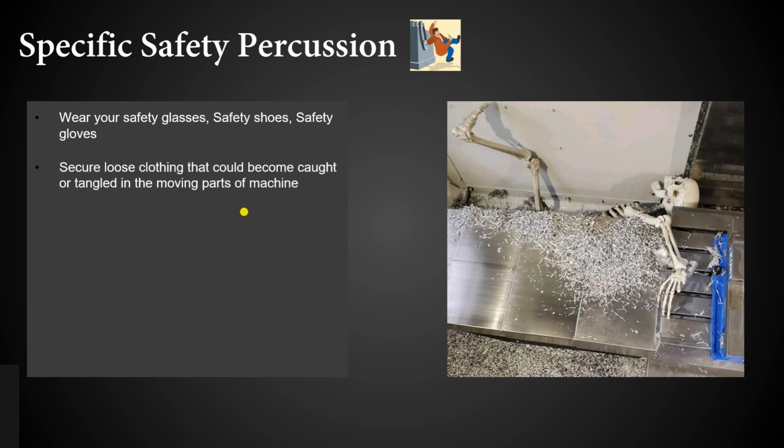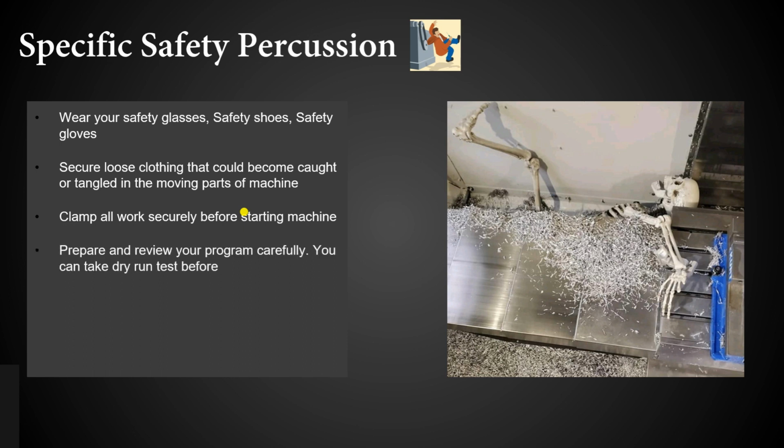Secure loose clothing that could become caught or tangled in the moving parts of the machine. Clamp all work securely before starting the machine and make sure that your door is always closed. Prepare and review your program carefully, even G code or M code, safety codes also.